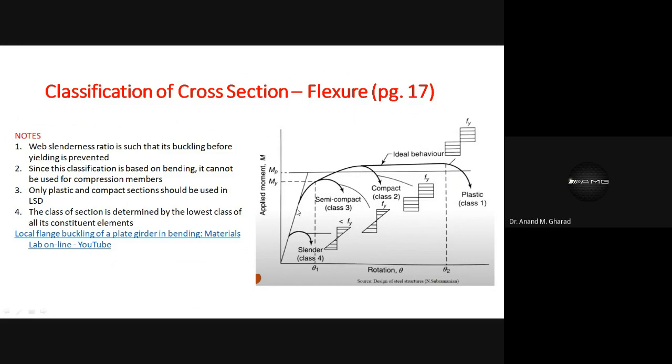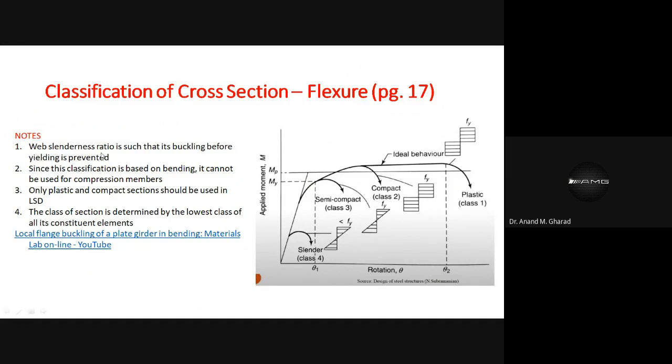Okay. Now there are a few things which you need to remember. First, before defining these behaviors or classifications, you need to understand that the web slenderness ratio is such that buckling before yielding is prevented. Okay, I will let you know what the slenderness ratio is.